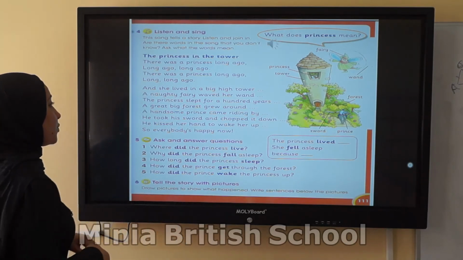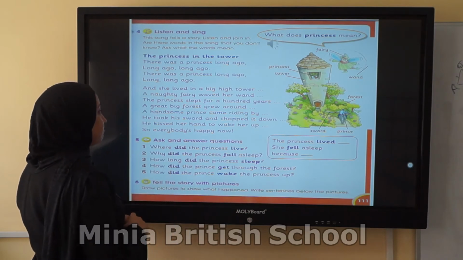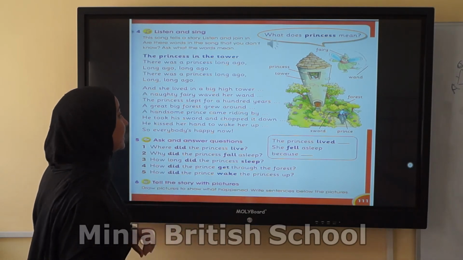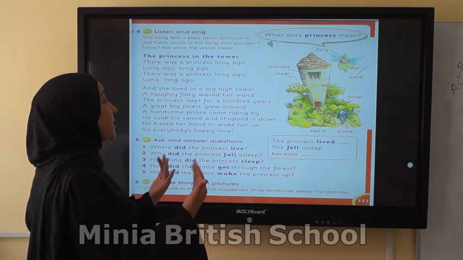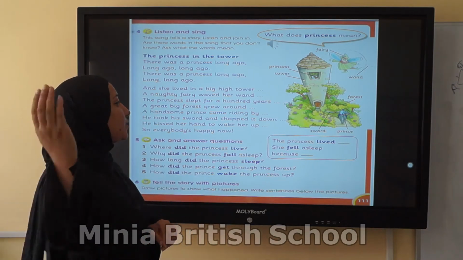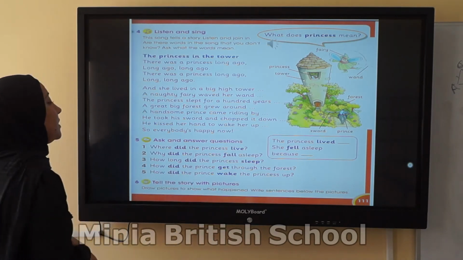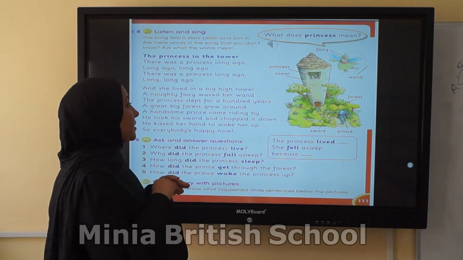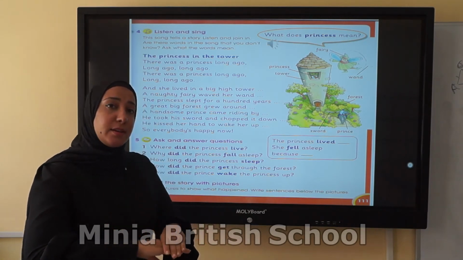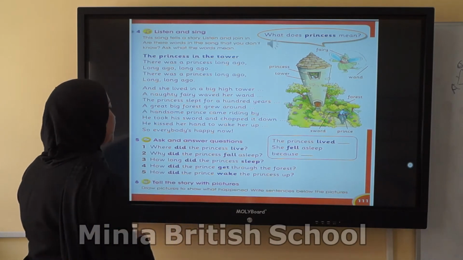Look at here, let's read again. Yes. A handsome prince came riding by. He took his sword and chopped it down. So he came riding, and he chopped the forest, chopped it down.